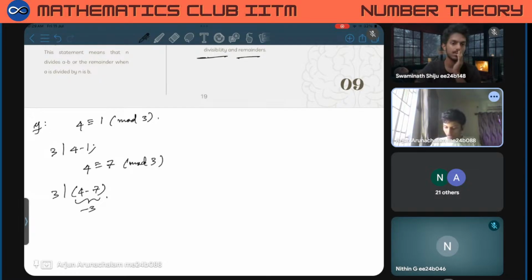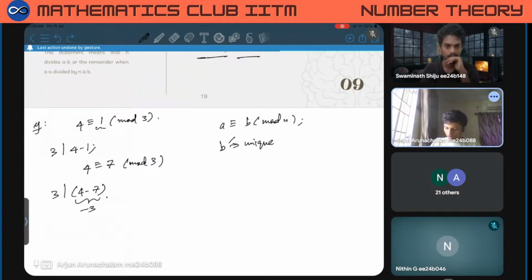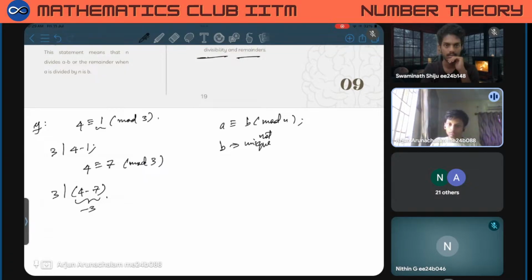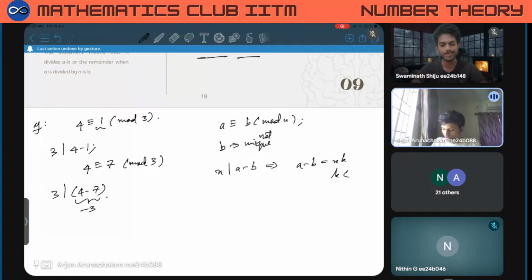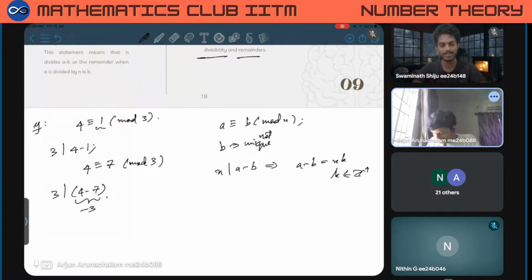So let's say a is congruent to b mod n. b is not unique. There are in fact infinitely many representations of b. Let's prove it. Let's say n divides a minus b. It implies a minus b is some nk where k belongs to the set of integers.